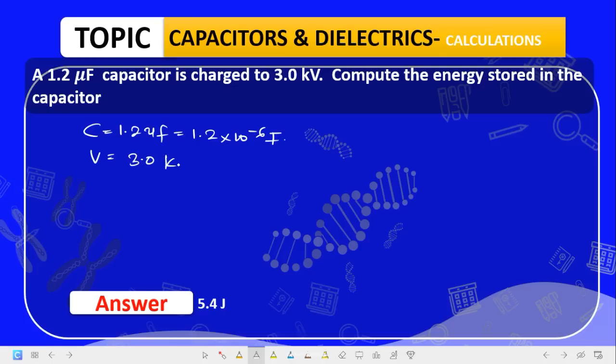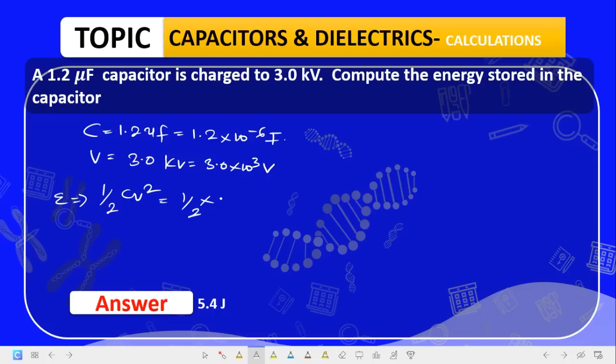Kilovolt means 3.0 times 10 raised to the power of 3 volt. Compute the energy. Energy will be half CV squared.